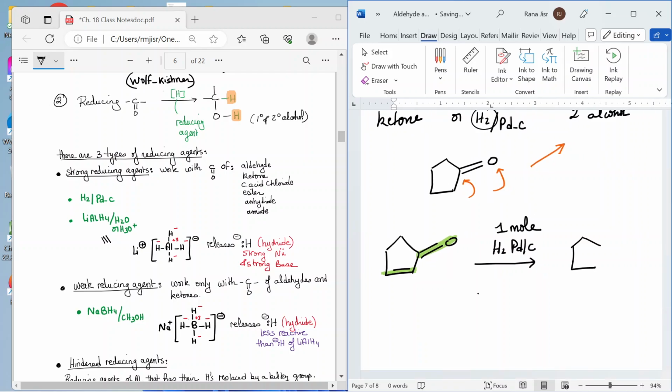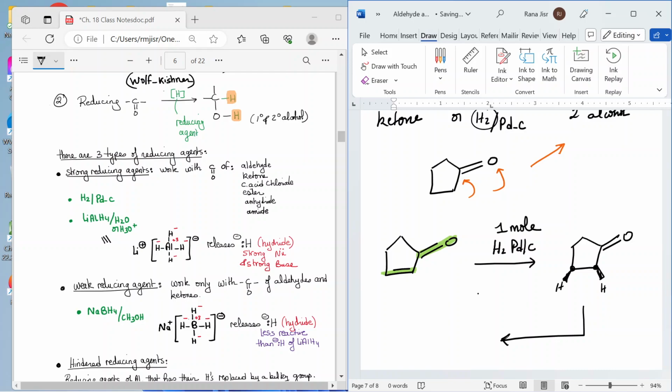My product is going to be the addition of the hydrogens on the alkene, so you're going to end up getting an alkane. You're going to add cis hydrogens to both carbons of the alkene. You're going to leave the carbonyl in there; you're not going to do anything to it. That is not going to be reduced.